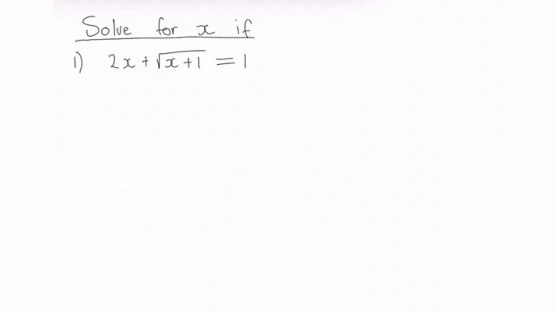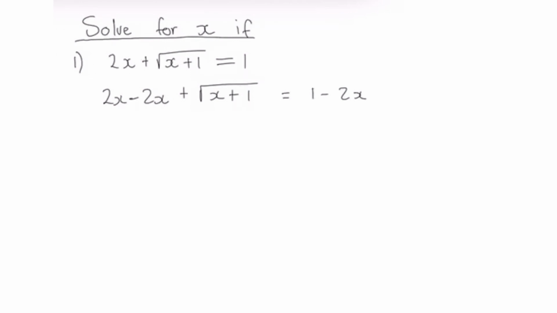Subtracting the 2x from both sides, we say 2x minus 2x plus the square root of x plus 1 equals 1 minus 2x.